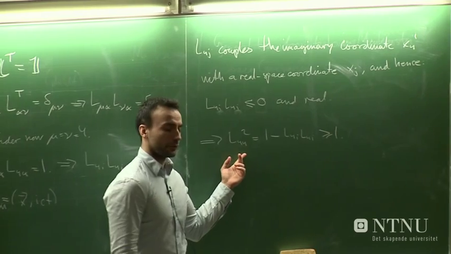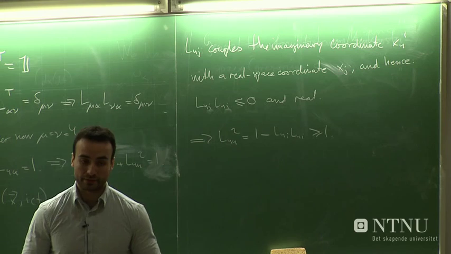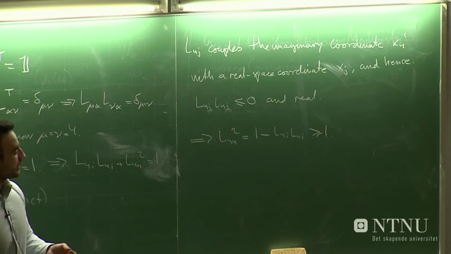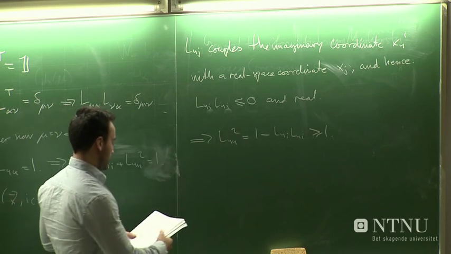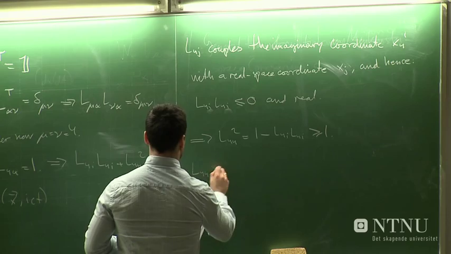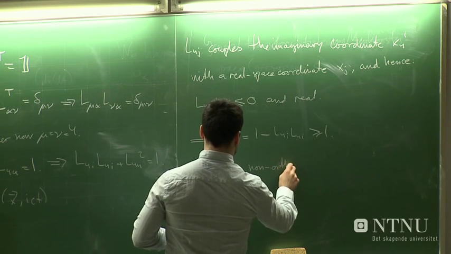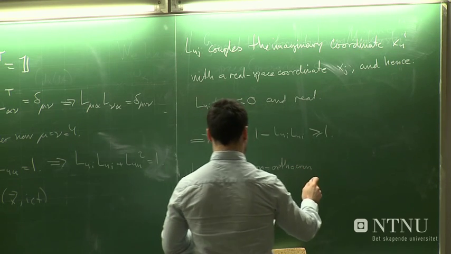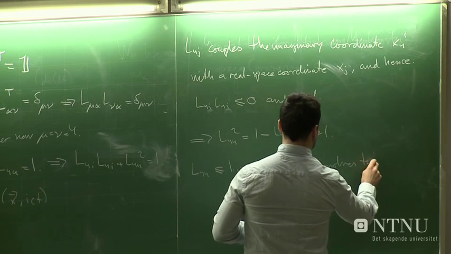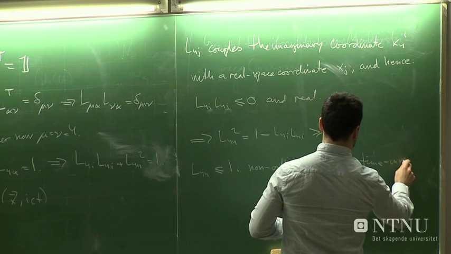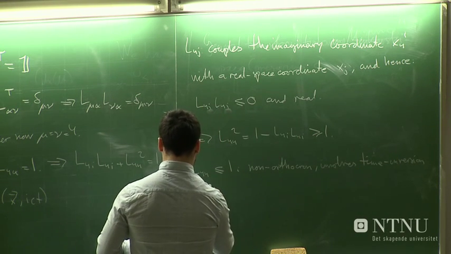Now, since the L44 squared element has to be larger than or equal to 1, we have 2 possibilities for L44 itself, because this equation can be satisfied both for a positive and negative L44. Oh, sorry, -1.